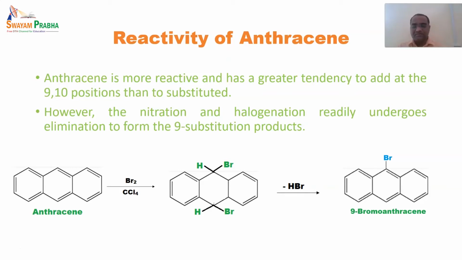In some cases we can also see substitution at the 1, 2 or 3 position, depending on the drastic conditions we use, but most often we see substitution at the 9th position and readily at the 10th position also.